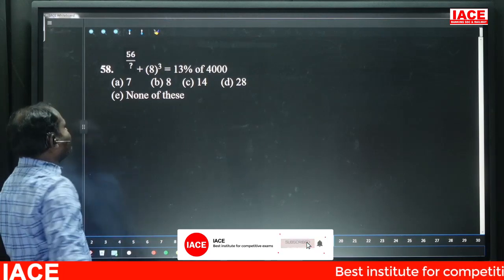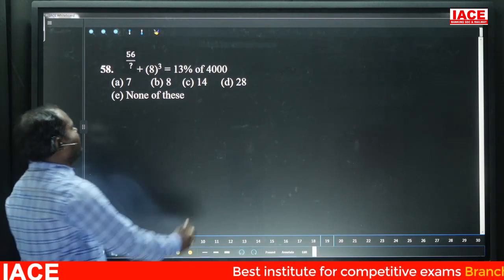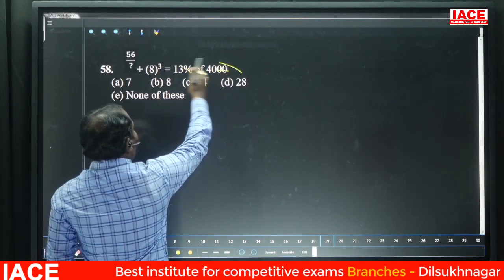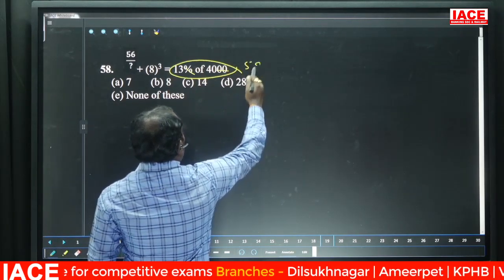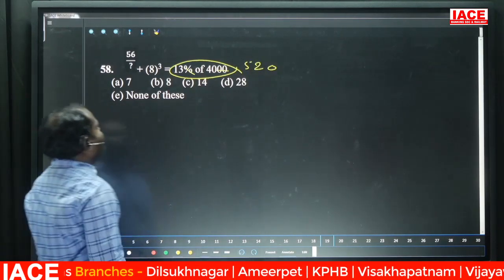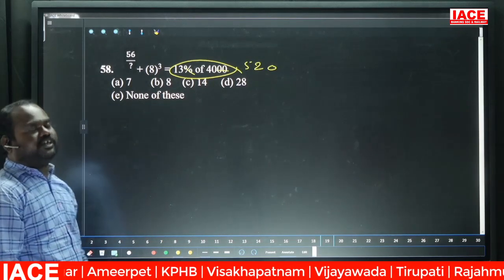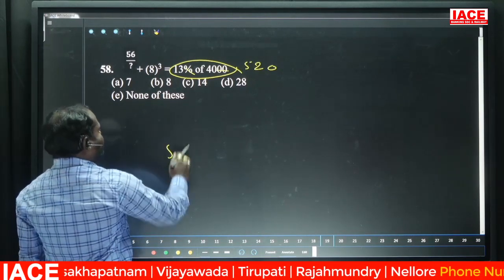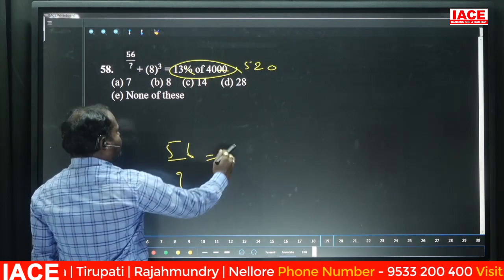Next, here 13% of 30%. 13 fours are 52, it is 520. 520 minus 512 is nothing but 8. 56 by question mark equals 8 sevens.